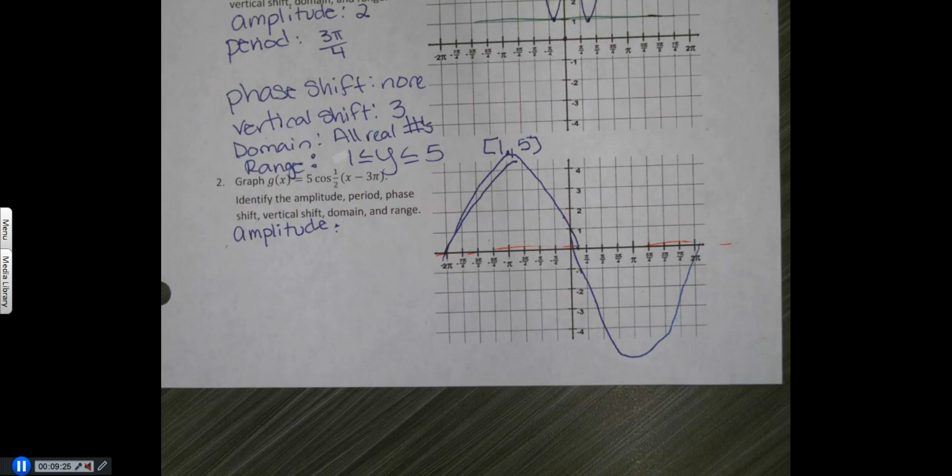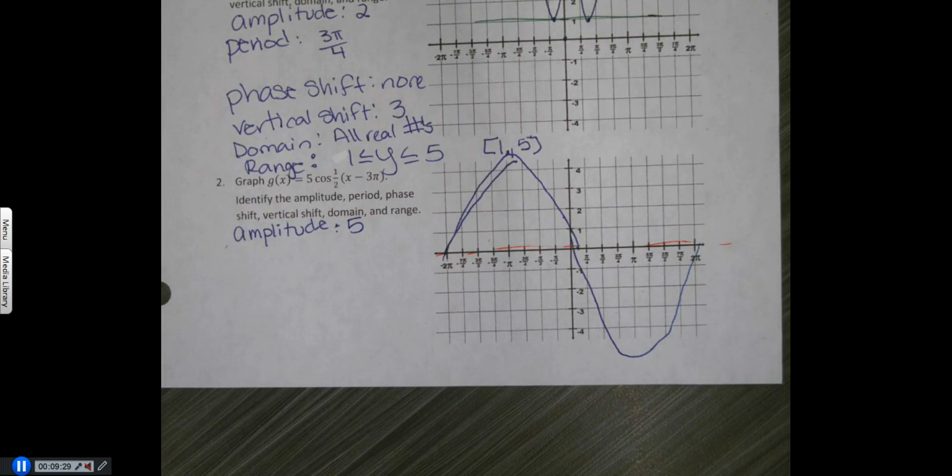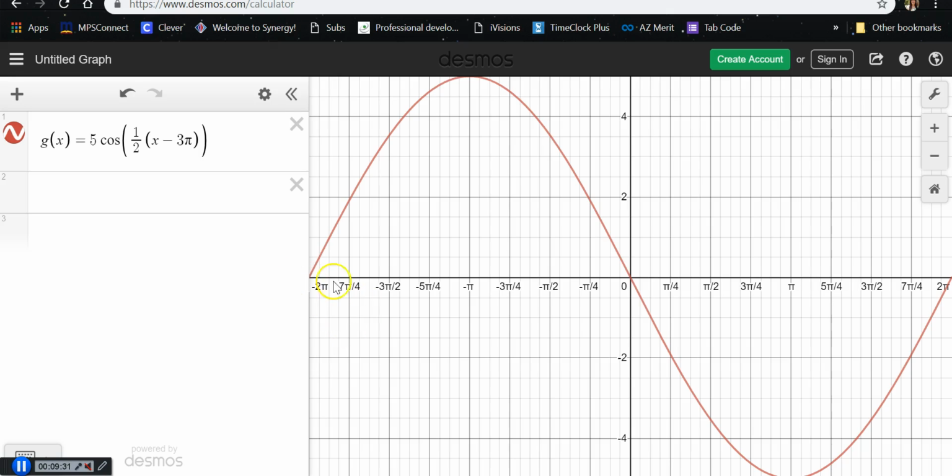So my amplitude here is going to be 5. Do you agree with me that this is the line it's oscillating between, going up and down around? Do you agree it's the line in the middle? I'm trying to find a word that you agree with.